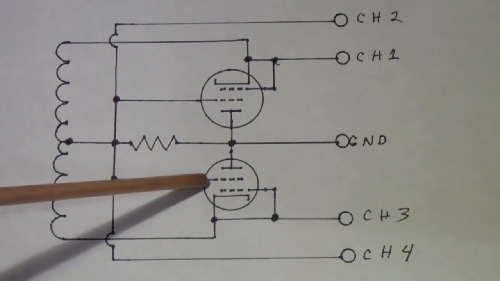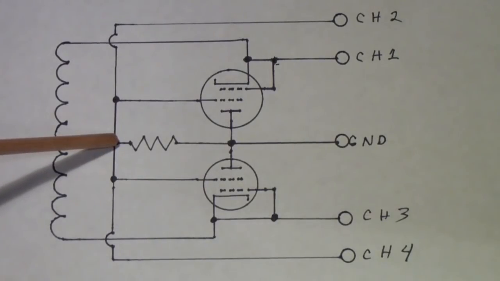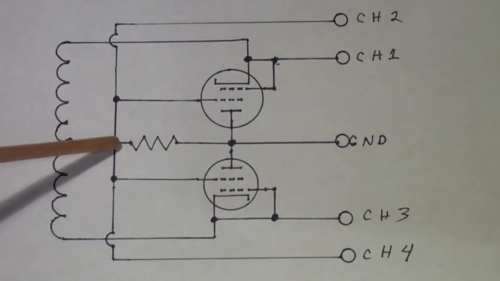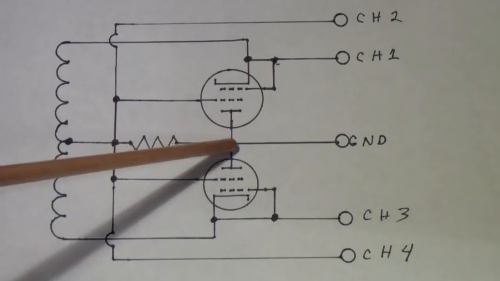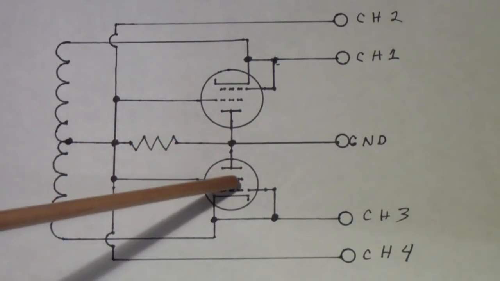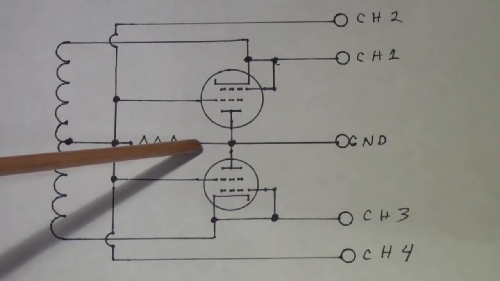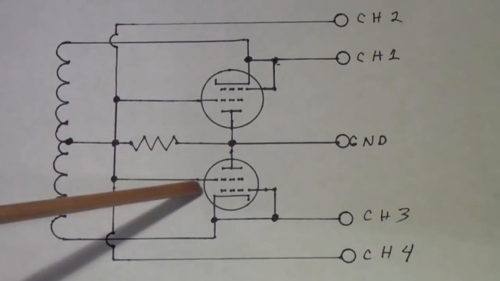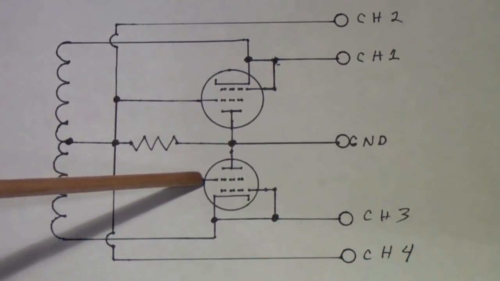I'm also tying the screen grid to this point, and the reason I'm doing that is so that the screen grid always remains at or above the plate voltage. So even when this tube is drawing very little current, and therefore there's very little voltage across this resistor, the screen voltage remains relatively constant.